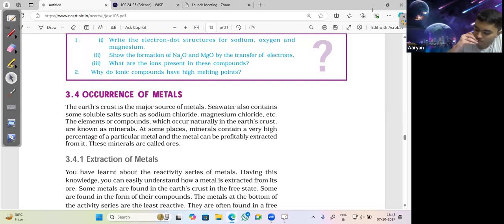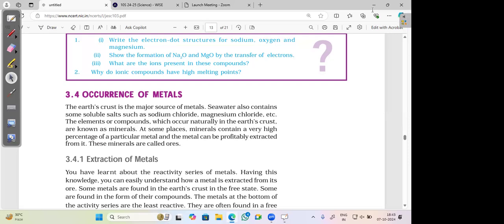Sir, Na+ and O2-. Yes, in sodium oxide, we have sodium ion and oxide ion. In MgO, we have magnesium ion and oxide ion.